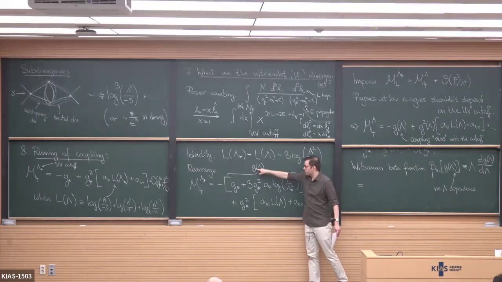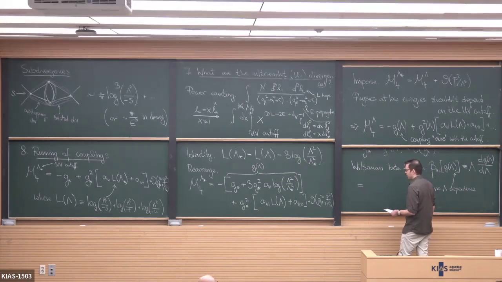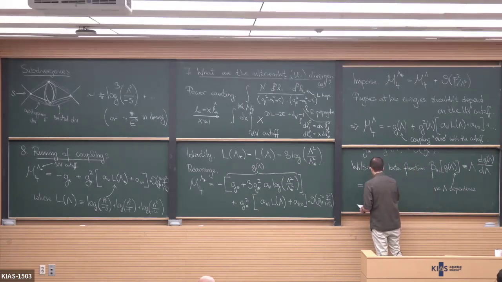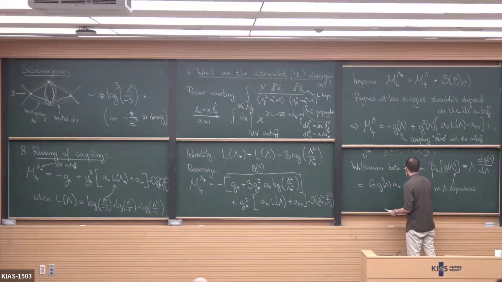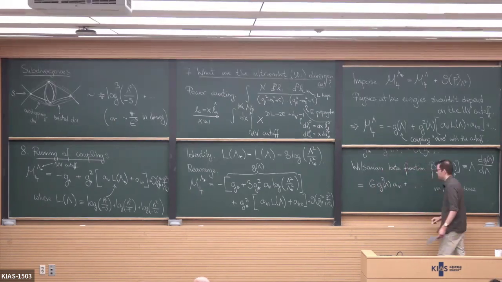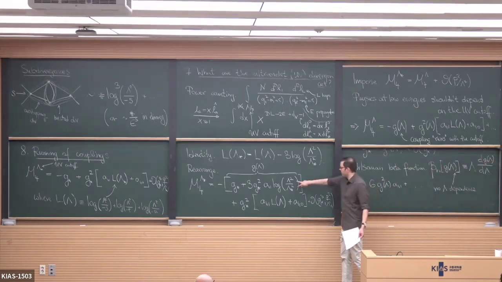So I'm just going to compute the derivative of the log of lambda, and this is going to give me 6 times G of lambda squared times A11 plus higher order corrections. Okay, 6 is only because of the square of the lambda.